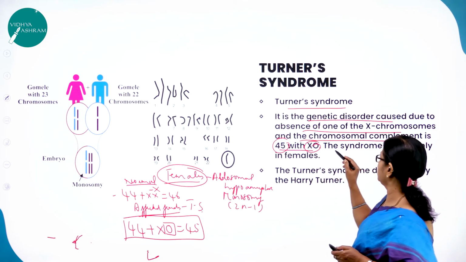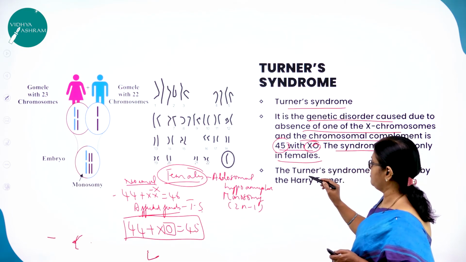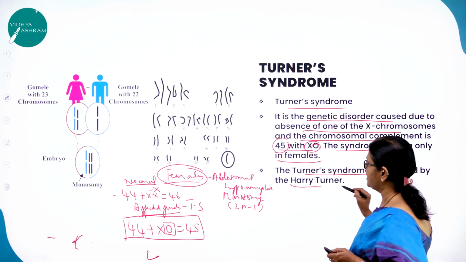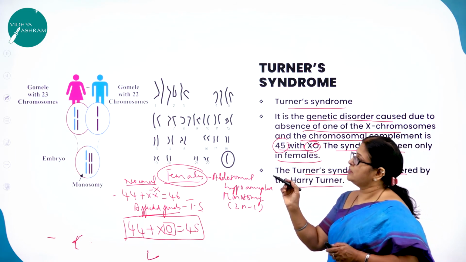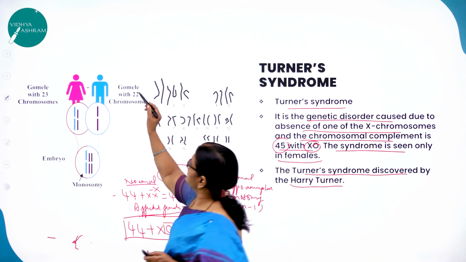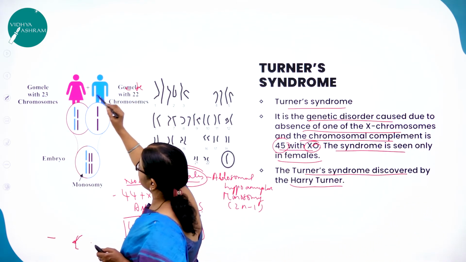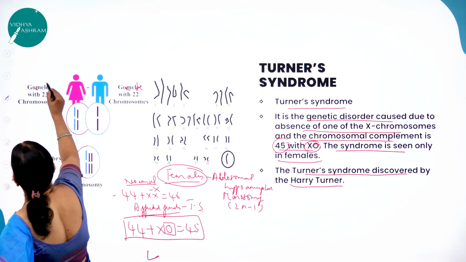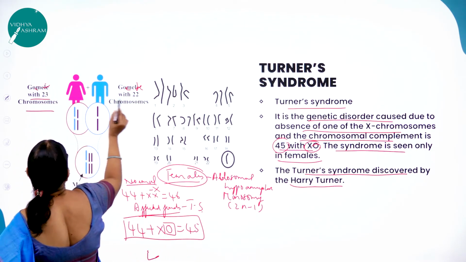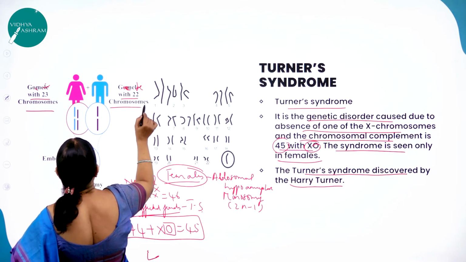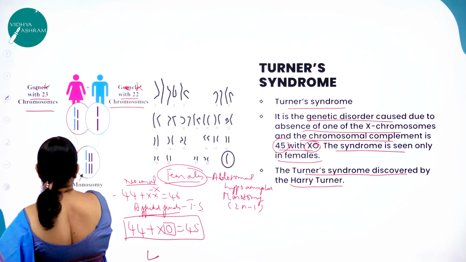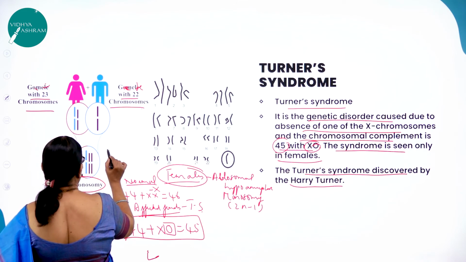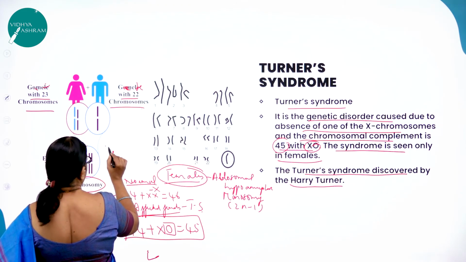So one X is missing. The syndrome is seen only in the females. Turner syndrome was discovered by Henry Turner, hence the name Turner's syndrome. Here the gamete with 23 chromosomes, and here the gamete with 22 chromosomes. So here it is monosomy.